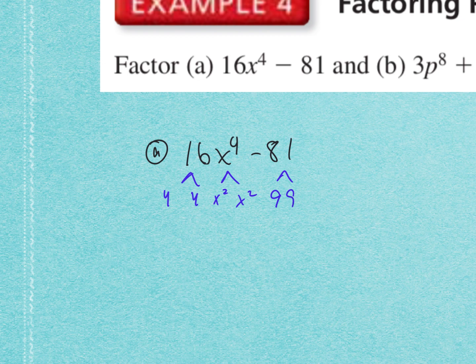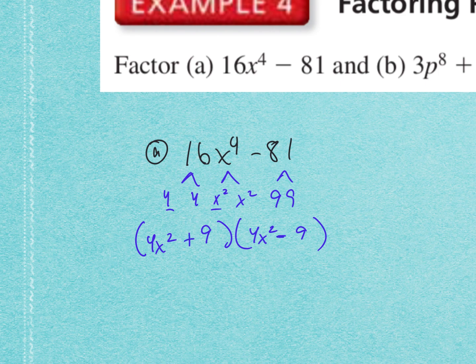All right, now what do we do with that? Okay, I'm going to put this in two parentheses. My first term in the parenthesis is going to be 4x squared. And my second term in each parenthesis is going to be what? 9. What are my signs? Negative and positive. Does it matter where I put them?